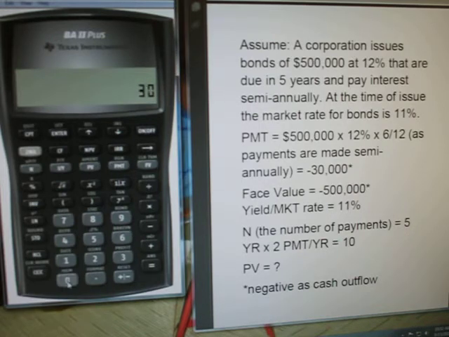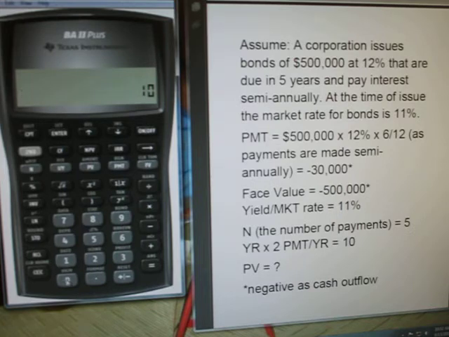I'm going to enter $30,000 as a negative for the payment because it's an outflow of cash. I'm then going to enter the face value of the bond as negative $500,000 because it's also an outflow of cash. The number of payments is 5 years times 2 payments per year.